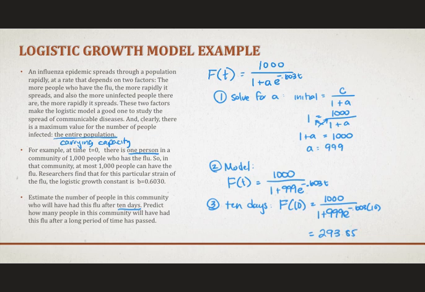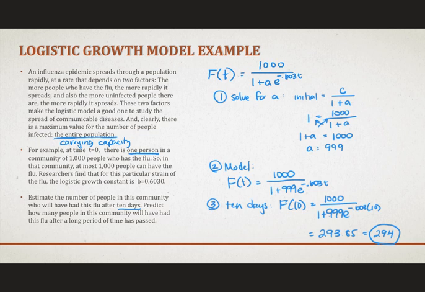Now, this is the number of people who either are currently suffering from the flu or have had it and gotten better. So we're treating this like a cumulative number, not like at this moment in time 293 people have the flu. Now we want this to make sense, so we're going to round this to the nearest whole number because you don't have 0.85 of a person. So we're going to estimate that after 10 days, 294 people have had the flu.